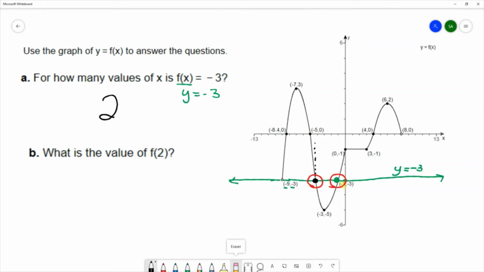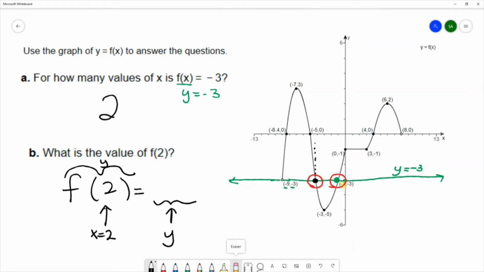Then for the second part where it says, what is the value of f of 2? We have to remember what this notation means. F of 2: 2 is my x, and f of 2, this entire notation here, is my y. So it's asking me, what is the y value when x equals 2?